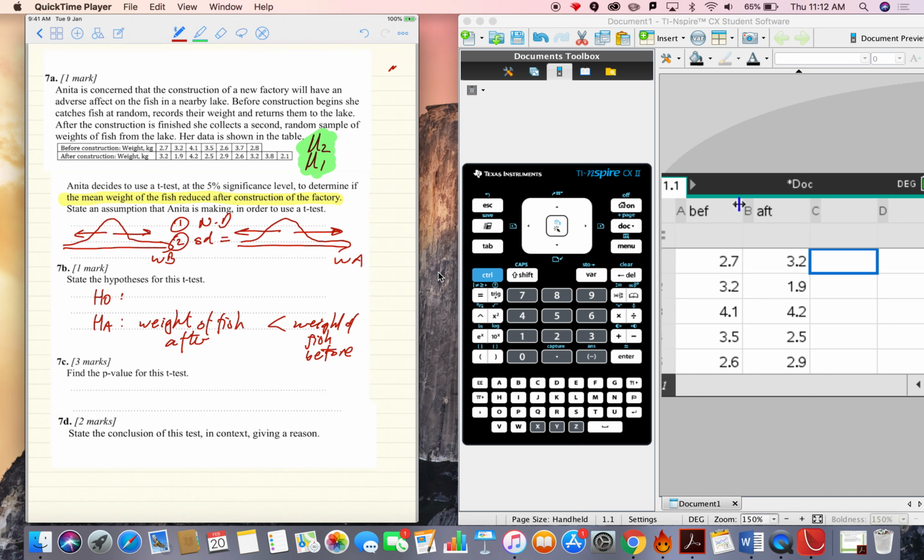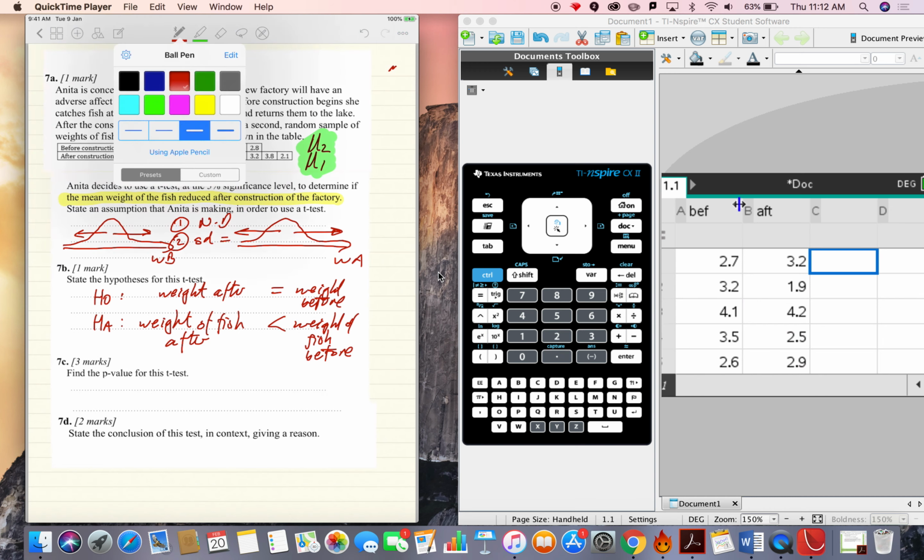All right. So given the fact that I've written it that way, the null hypothesis is always the same for any two-sample t-test you're going to do. The weight after is equal to the weight before. Okay, that makes sense. Now the reason why I've got mu1 and mu2 tagged is because the TI Inspire has mu1 and mu2 for the alternate hypothesis.